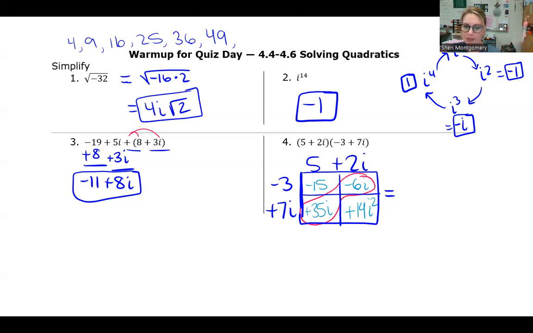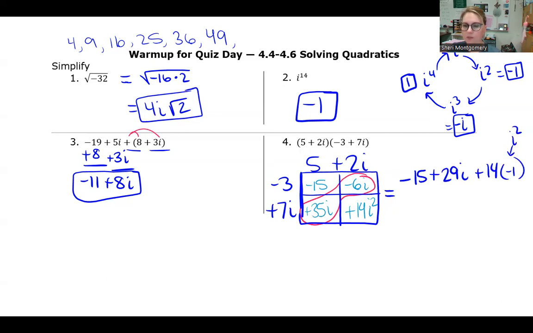So what I end up with, -5 × 3, I get -15. And then I have 35 - 6. What is that? +29i. And then I have 14i squared. What is i squared? -1. So I'm replacing the i squared with -1.